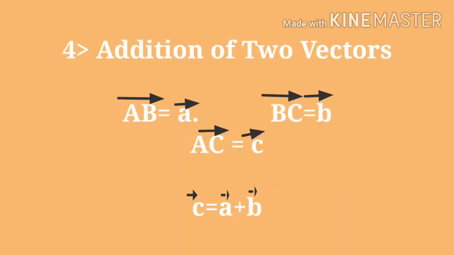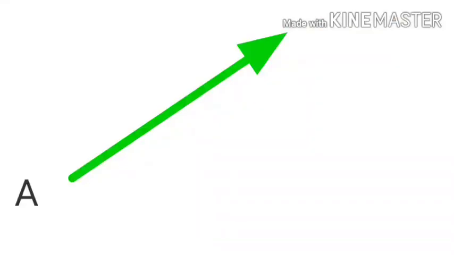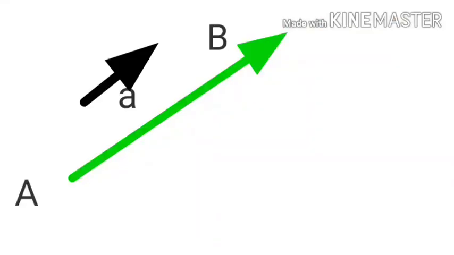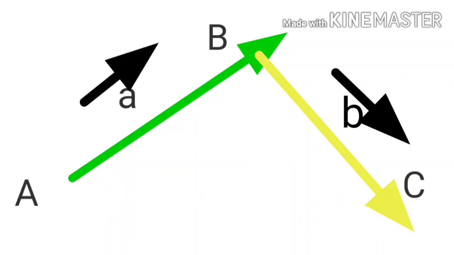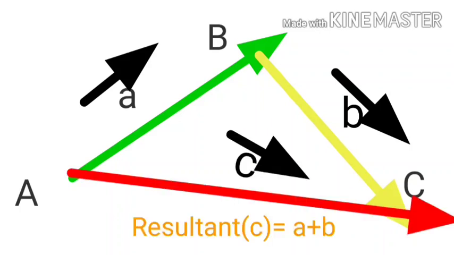Now we will discuss addition of two vectors. If A vector is represented by AB and B vector is represented by BC, then the addition of two vectors, C vector, can be represented by C vector is equal to A vector plus B vector.